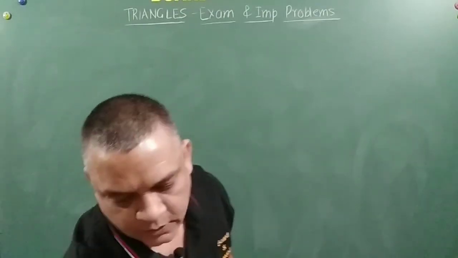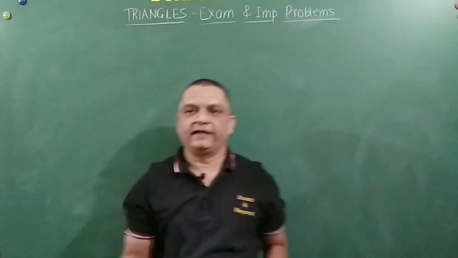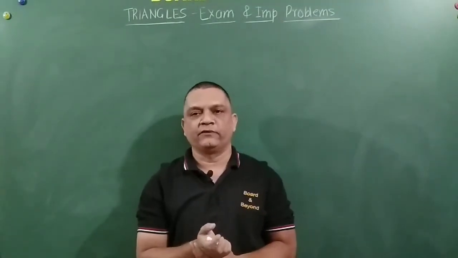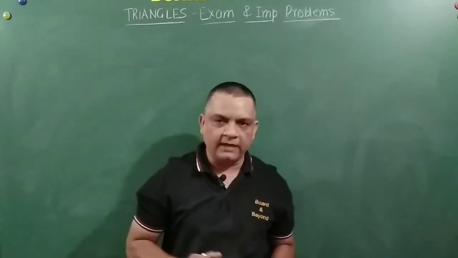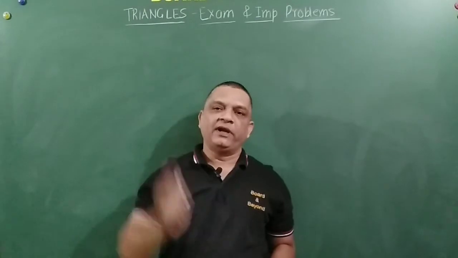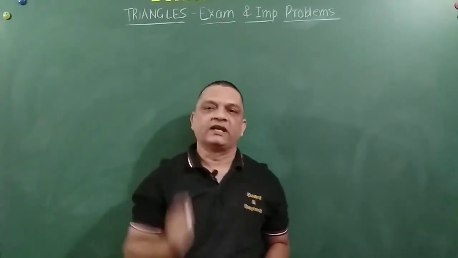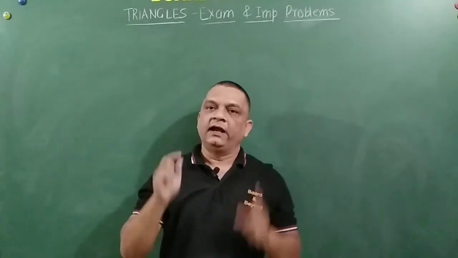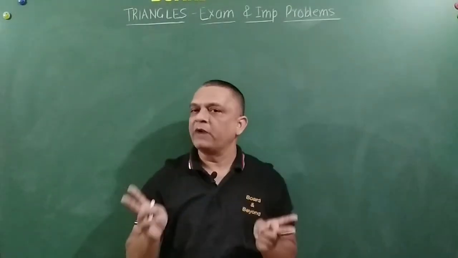One more important concept, I will not derive it here, friends, but I will tell you, definitely it is very important from the examination point of view: in a right triangle, if you draw a perpendicular from the right angle vertex to the hypotenuse, then it will divide that triangle into two parts.